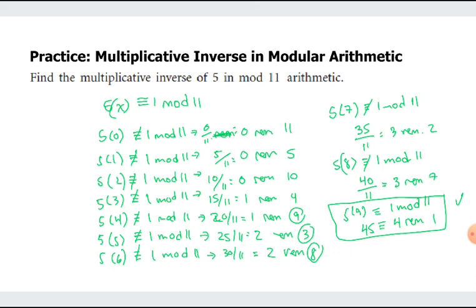I think the shorter method to do this is to think of the multiples of 11: 11, 22, 33, 44, and then the multiples of 5: 5, 10, 15, and so on, until we get to 45, which when divided by 11, 11 times 4 is 44, remainder of 1 to make it 45. That means that the x here should be 9.